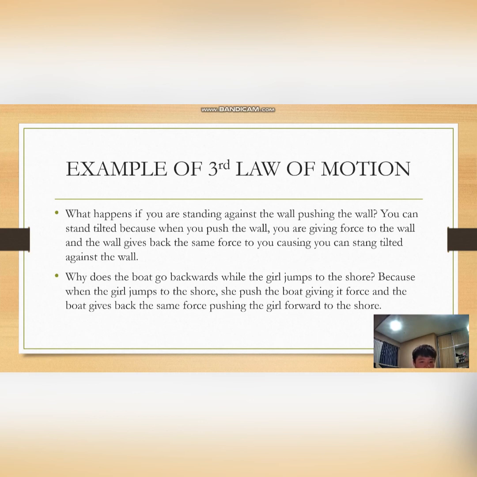Why does the boat go backward while the girl jumps to the shore? Because when the girl jumps to the shore, she pushes the boat, giving it force, and the boat gives back the same force, pushing the girl forward to the shore.